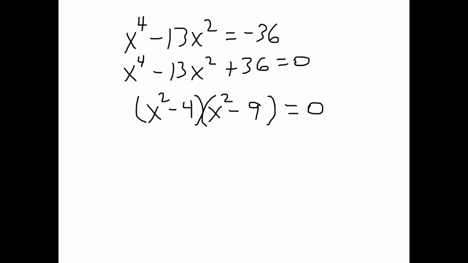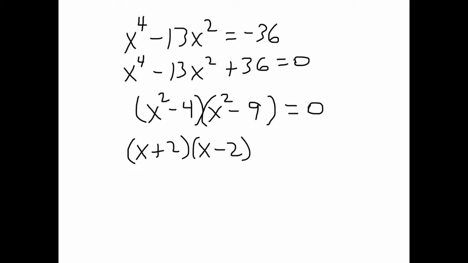Notice that both binomials are a difference of two perfect squares. So we can factor these binomials further. x squared minus 4 factors into x plus 2 times x minus 2.